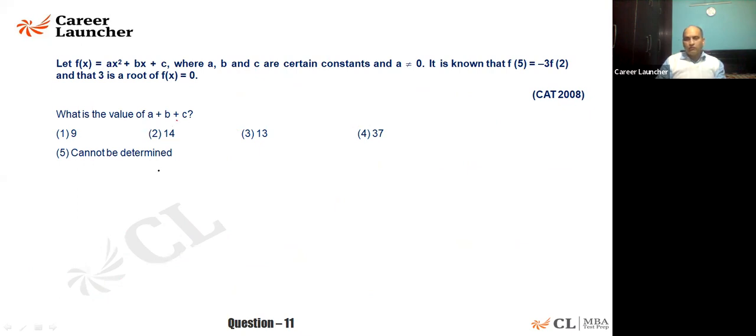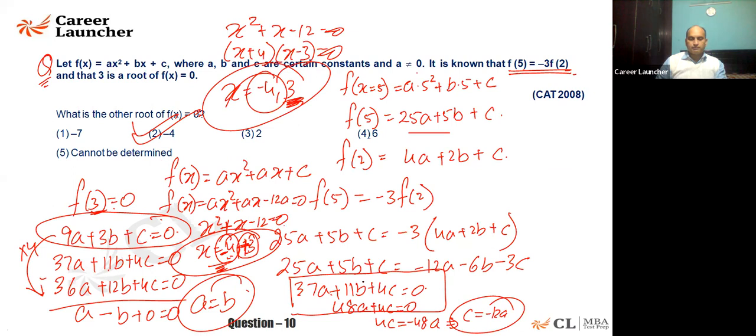Now, can you find out the value of A plus B plus C? What is the value of A plus B plus C? If you want, I can take you back. What is the value of A plus B plus C?